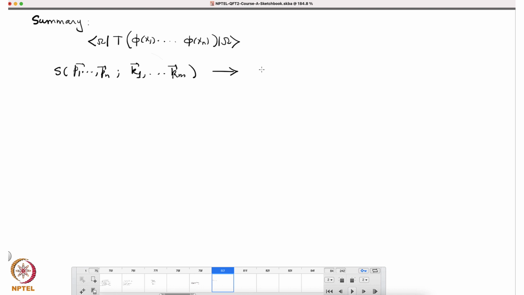We saw that this is proportional to the amputated Green's function, apart from some factors of 2 pi and some factors of Z. This is basically this object where the legs have been amputated.